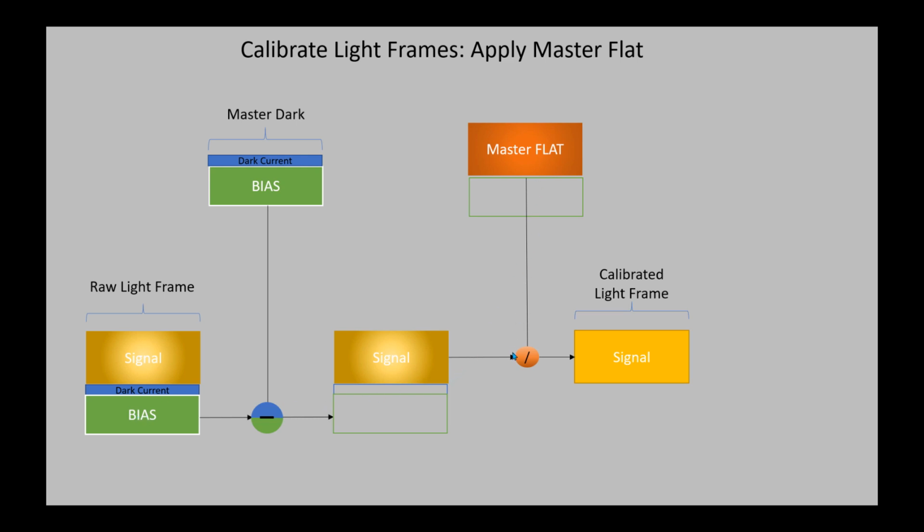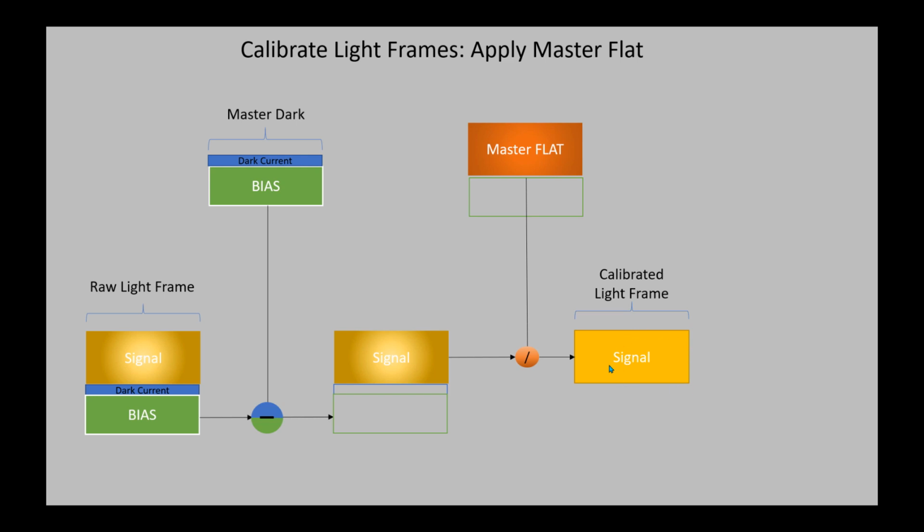And the operation is, it's not subtraction, by the way, it is division. You actually divide your signal here by the master flat, and then you multiply times a scaling factor to calibrate that frame to compensate for that non-uniformity in response of those pixels.